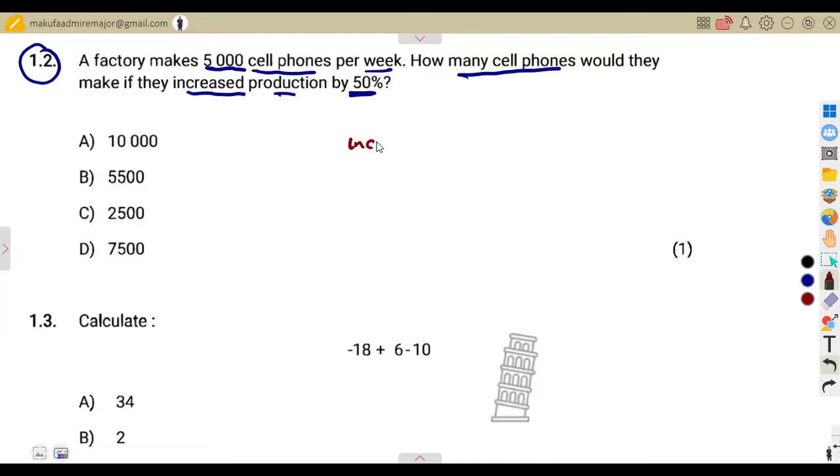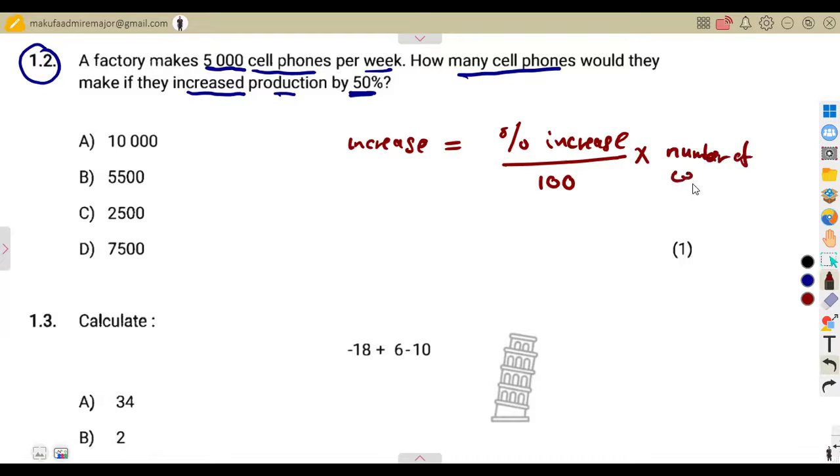To calculate an increase, it is simply the percentage increase over 100 times the amount that you are given. In this case, we are not given an amount like a cost; we are given the number of cell phones. So you are going to multiply by the number of cell phones.